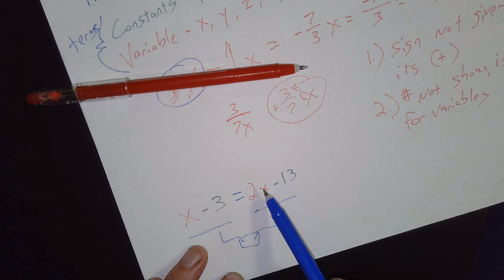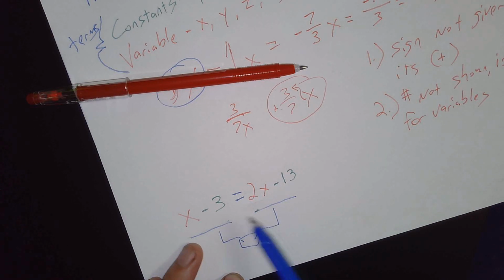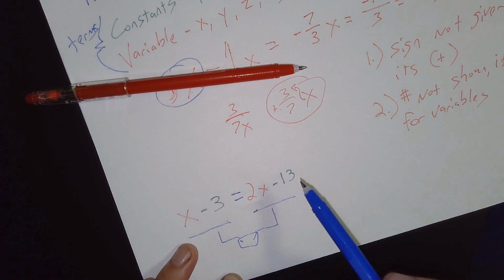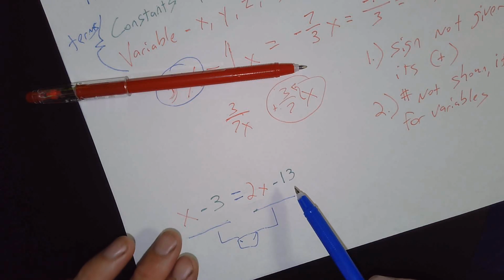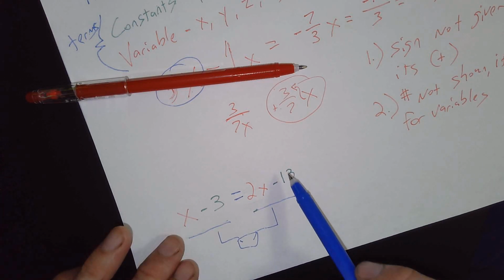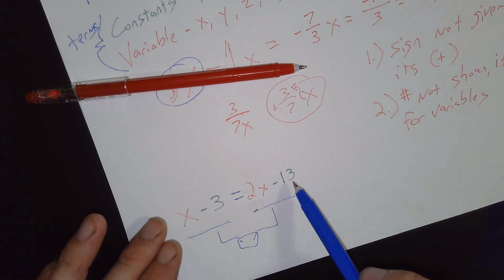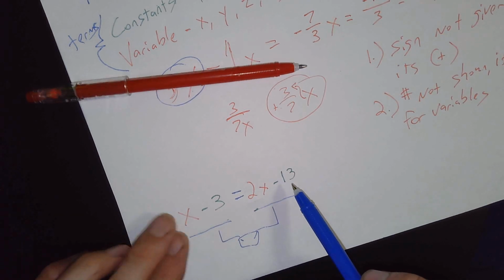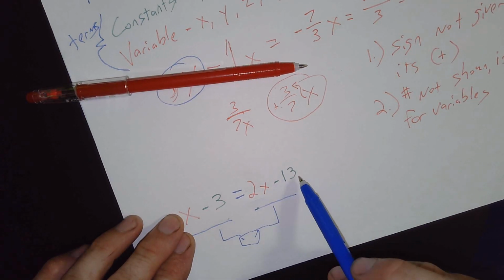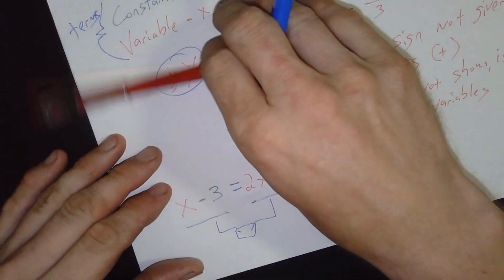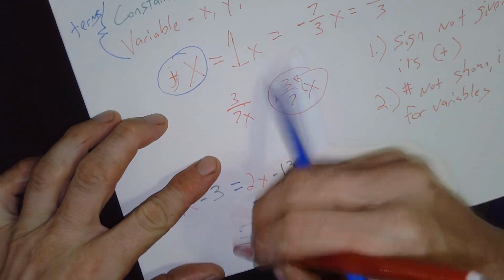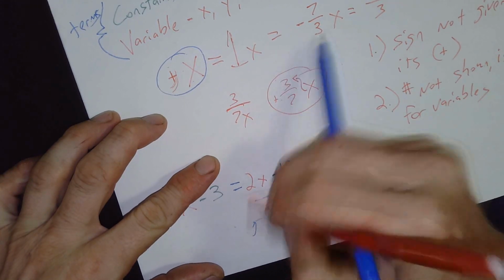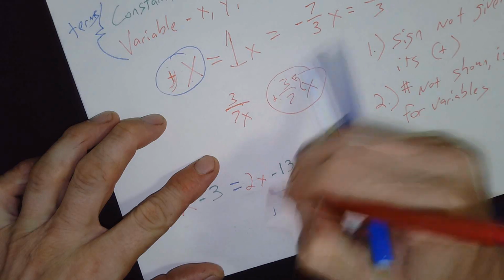Otherwise the equation changes. So if I want to add 10 to this side, I've got to add 10 to this side. It's still a true mathematical statement, but if I do one thing to this side, I have to do it to this side as well. You've got to keep your equation balanced. I like to keep my variables positive.